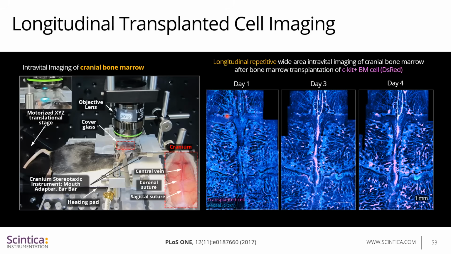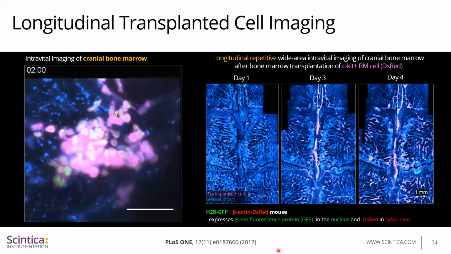You can kind of recognize the structures up here. And what is imaged is our bone marrow cells transplanted from one mouse into the other and tracked over 4 days since transplantation.